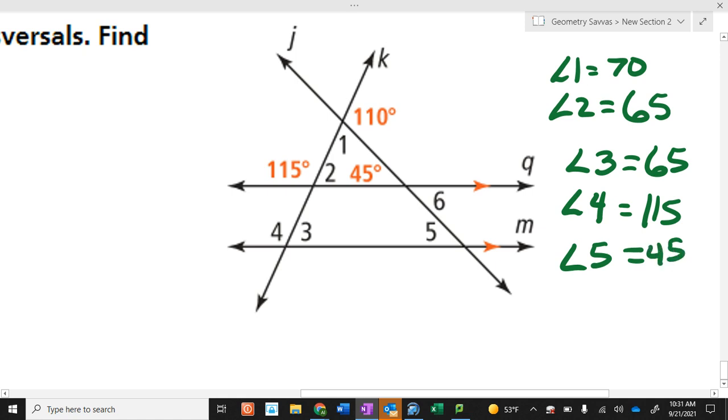Why is it 45? Because it's corresponding with this one. Corresponding. And then angle 6. Also 45. Why? Vertical with the 45, or else alternate interior with angle 5. Okay? That's the types of problems you'll be doing.